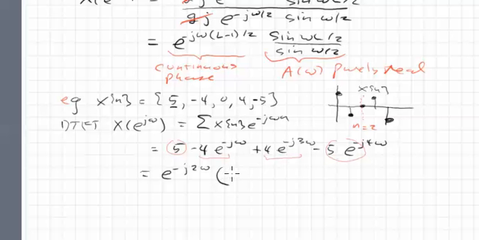All right, so we get e to the plus j 2 omega, and I need a 5 there. I've got minus 4e to the j omega. I've got plus 4e to the j omega.